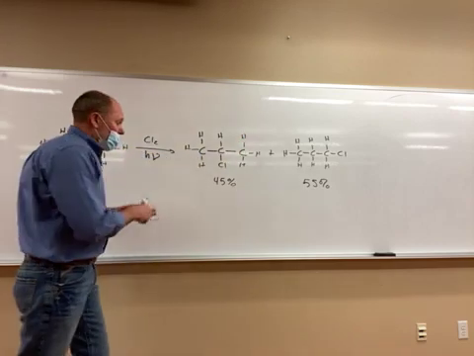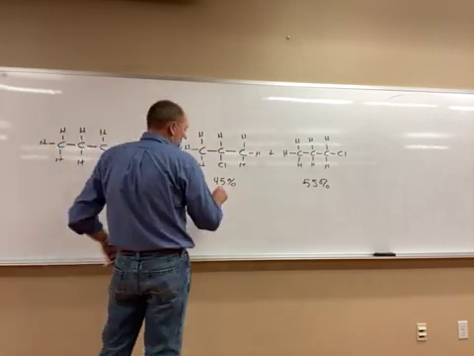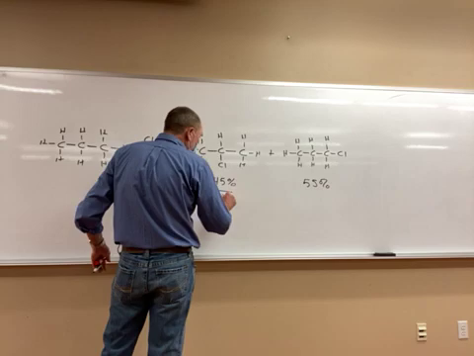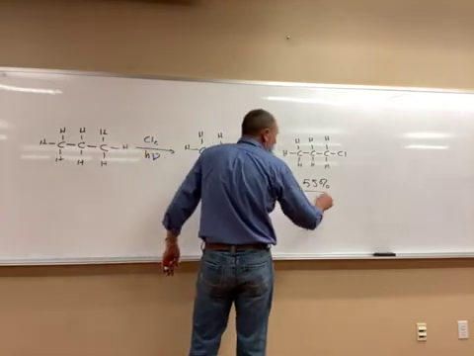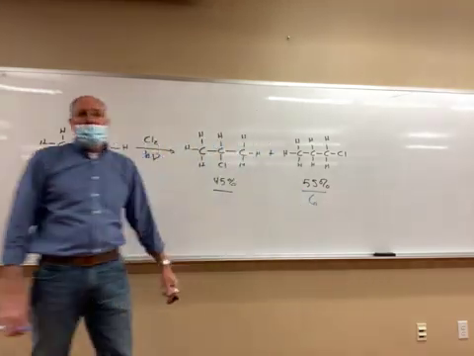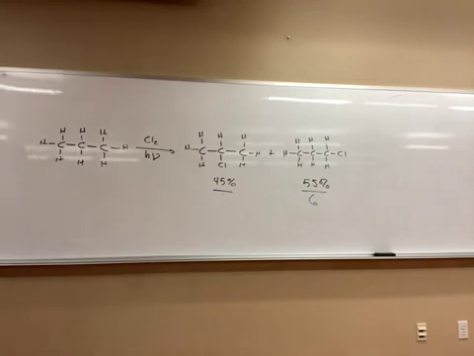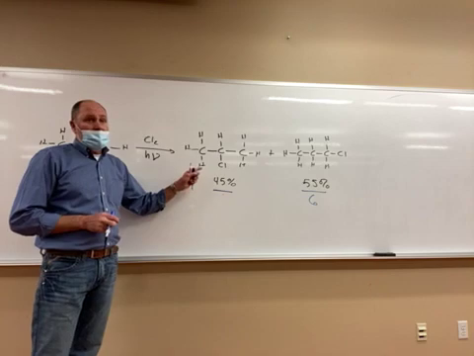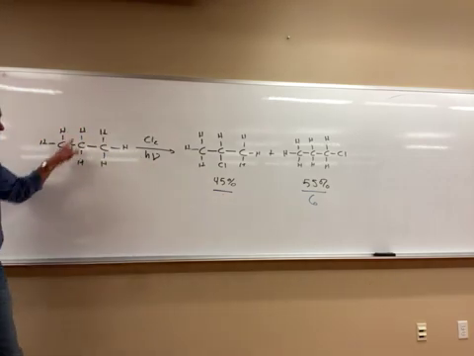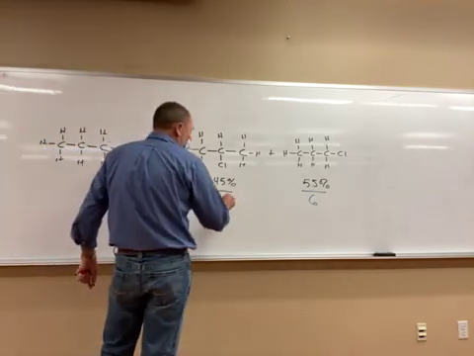Okay? So I have to actually divide that by 6 to see what the ratio really is of primary to secondary protons. How many secondary protons do I have? 2. So I need to divide this by 2.